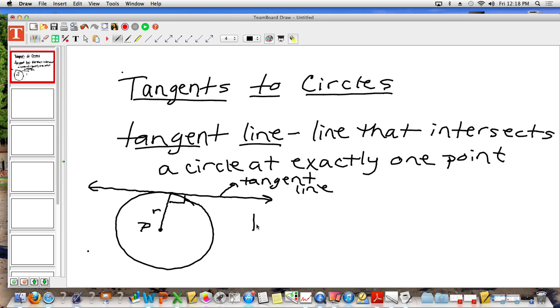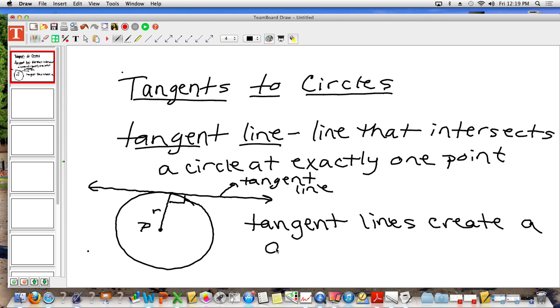So I'm going to make a note here, and I'd like you to do the same, that tangent lines create a 90-degree angle with a radius.